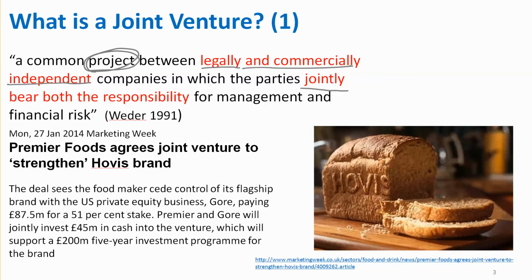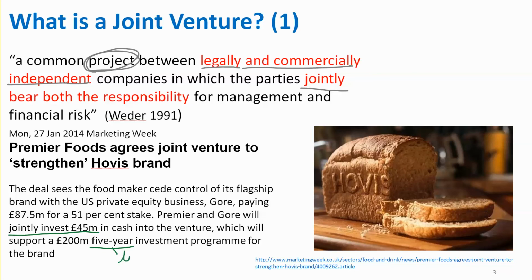At this stage, I'd just like to highlight one or two things after you've done that. Firstly, it's reinforcing the fact that the companies are jointly investing 45 million in cash. And it's going to be a program or a project which is going to last for 5 years.